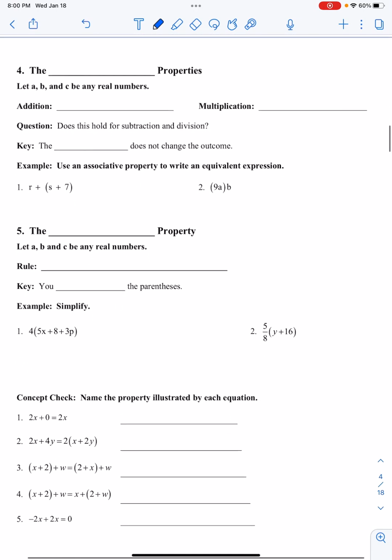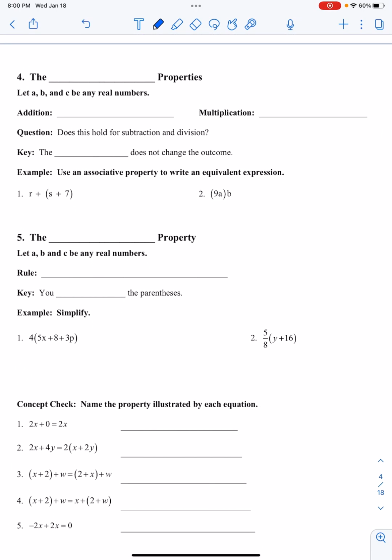So for property 4, we're going to talk about the associative property. The associative property says that A plus B grouped together plus C is the same as A alone plus B plus C grouped together.